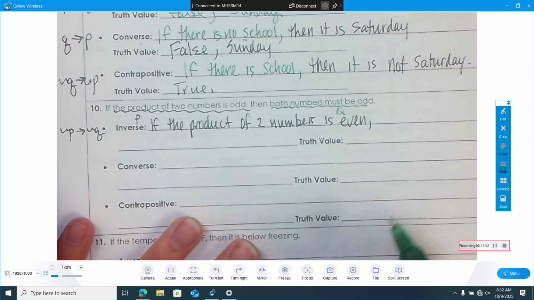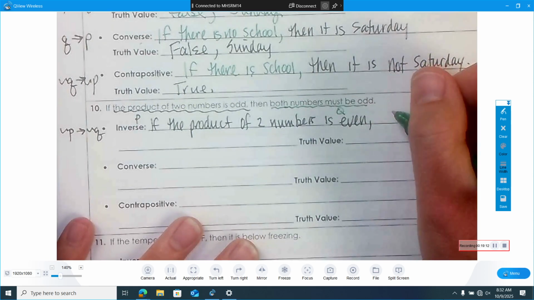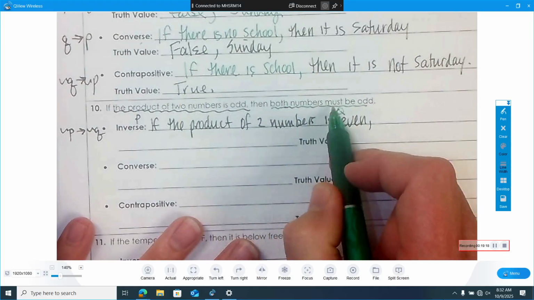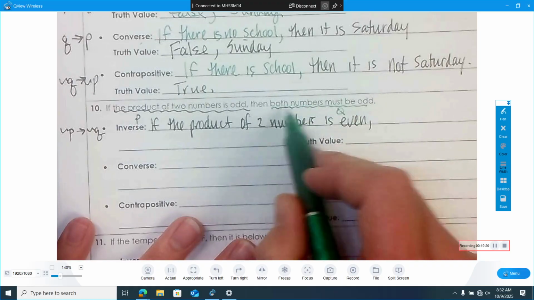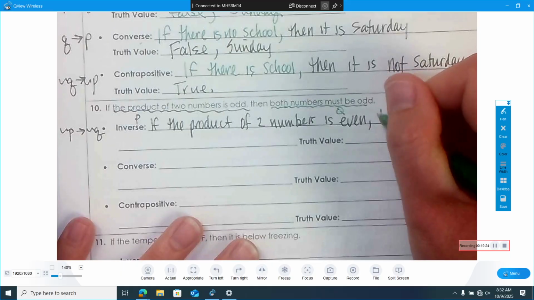How do I change that around so it makes more sense? Then both numbers cannot be both odd. Then both numbers must not be odd. Okay, that works.